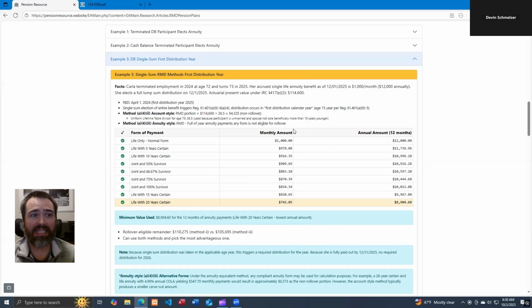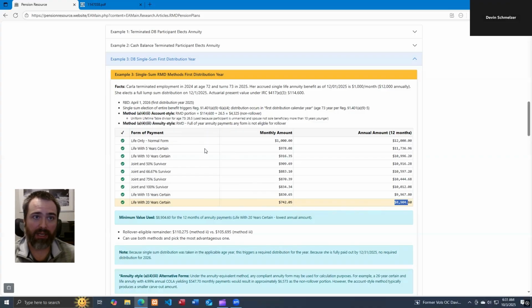Because you get to use any form of payment available for the participant, I put a table here to calculate each one of the optional forms, multiply it by 12, and then pick the lowest payment one, and that is a life and 20 years certain available under this plan. And that equates to $8,900 of the 12 monthly payments that are not eligible for rollover.